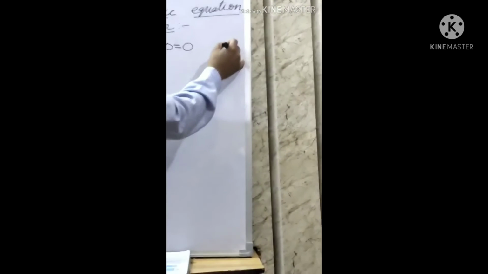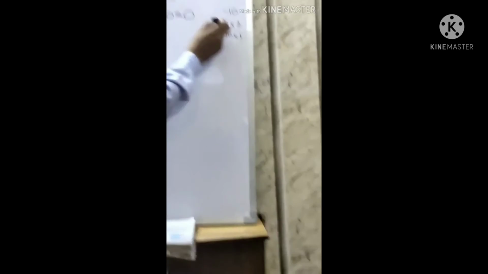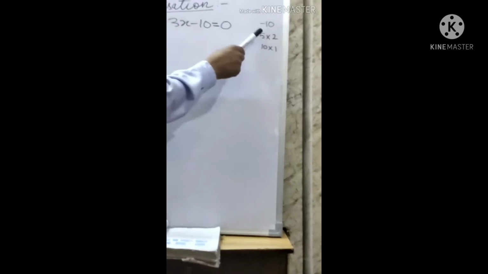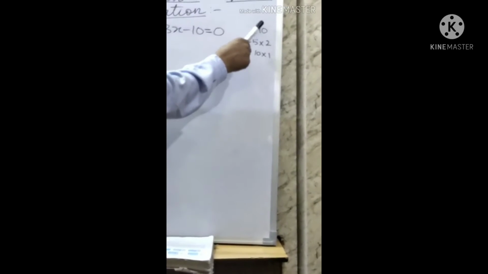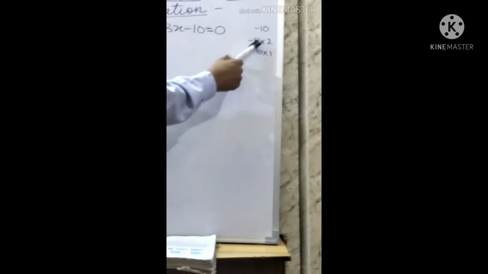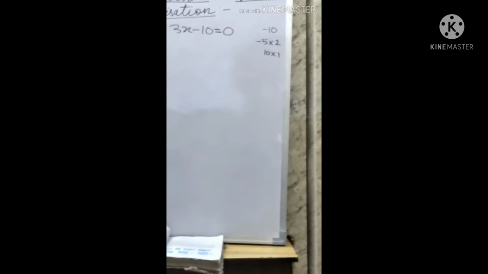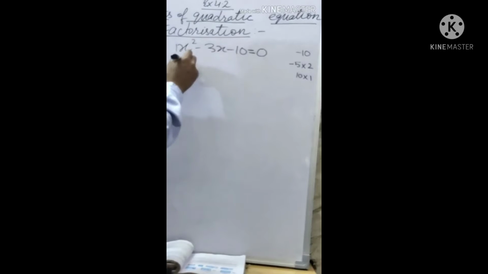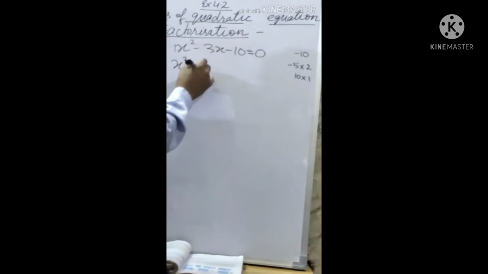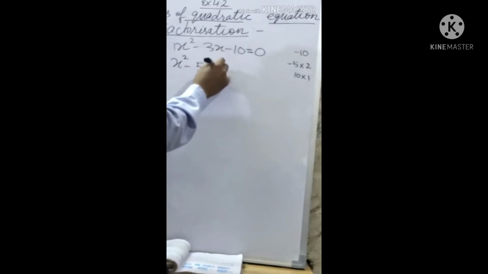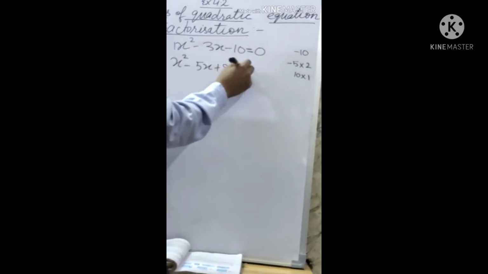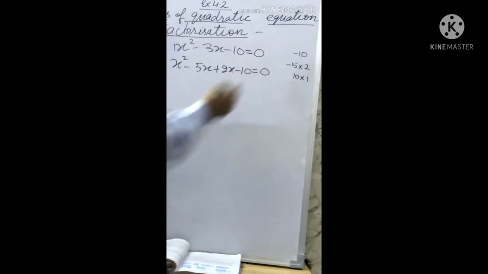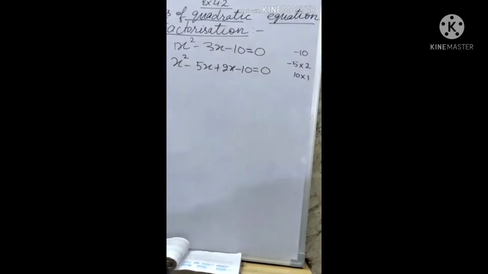But if I take minus 5 and plus 2, because the middle term is minus, then minus 5 into 2 is minus 10, and minus 5 plus 2 gives minus 3. So you split this middle term: x square minus 5x plus 2x minus 10 equal to 0.